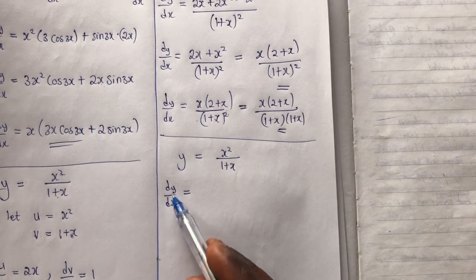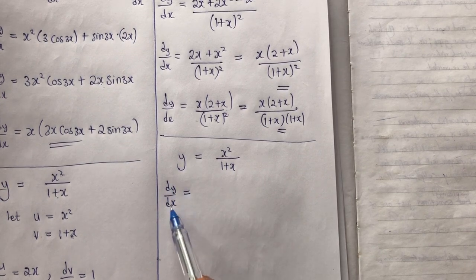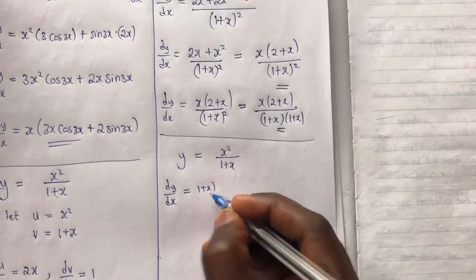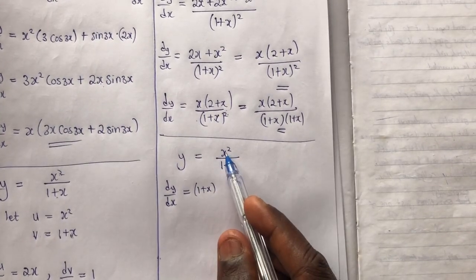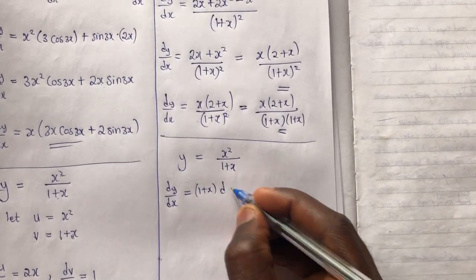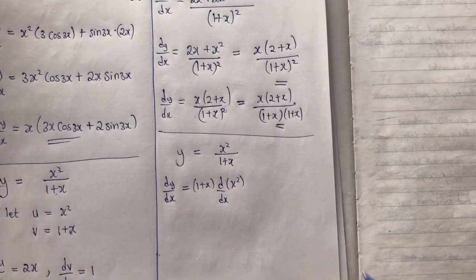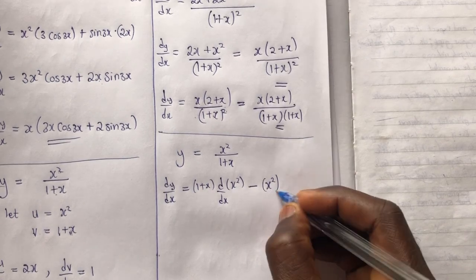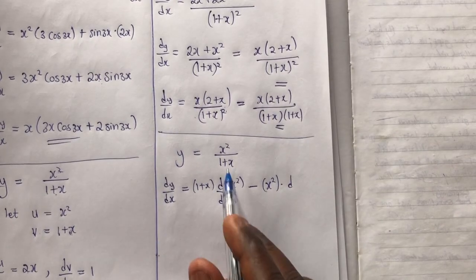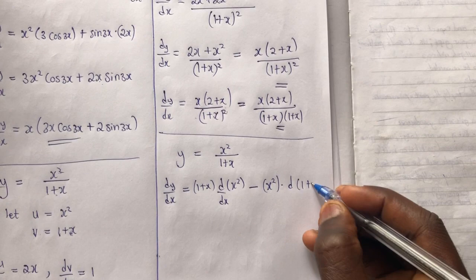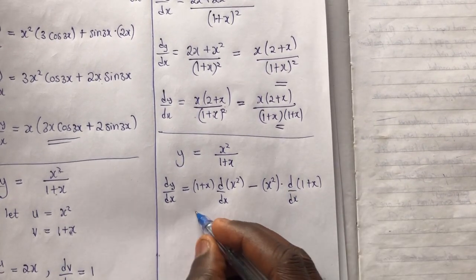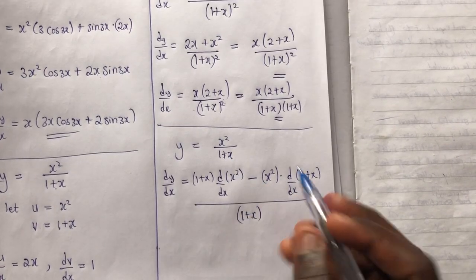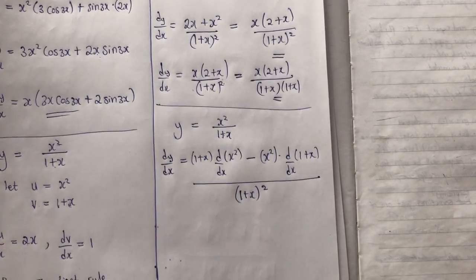So the derivative of this, which is dy dx, will be, you take the denominator 1 plus x, you hold it, you differentiate the numerator. So the derivative of x squared dx minus, you take the numerator x squared, you multiply by the derivative of the denominator 1 plus x dx, and you divide the whole result by 1 plus x, which is the denominator, all squared. So that is it.